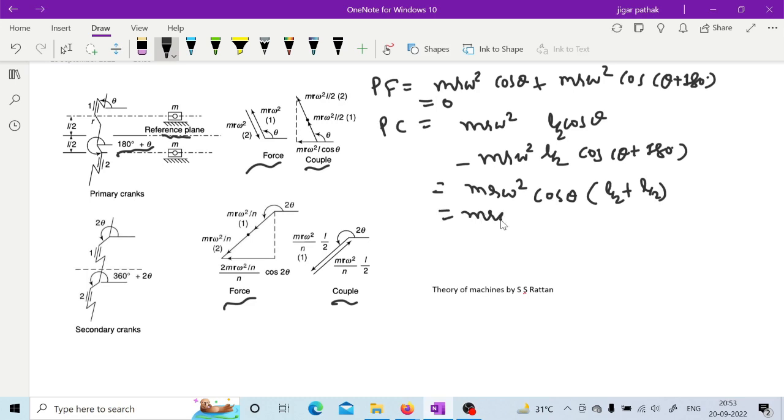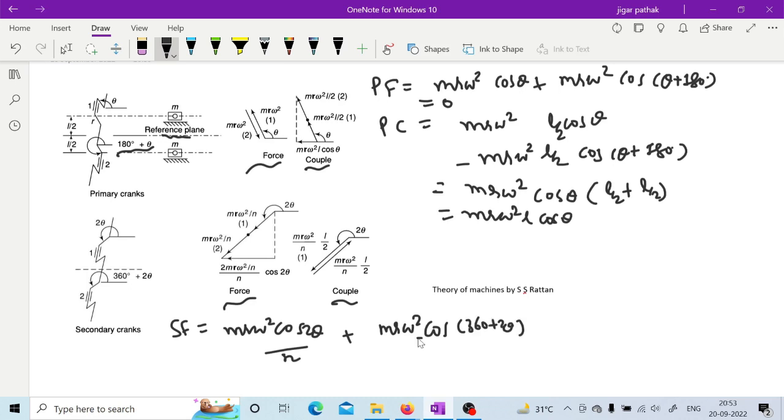So mr omega square L cos theta will be there for the primary couple. Now for the secondary force, it is mr omega square cos 2 theta by n, if I simply write. Then for the other cylinder it is again mr omega square cos (360 plus 2 theta) by n.